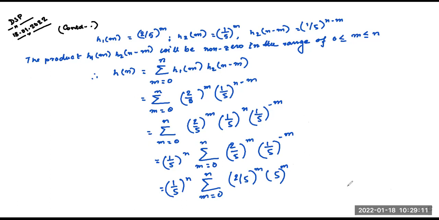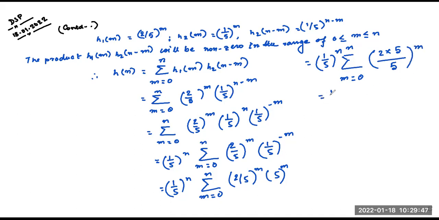We can write this. Continuing from there, if it is (1/5)^n, and this is 2/5 to the m, I can multiply. So summation of m equals 0 to n, and if I multiply it, what will we get? 2 into 5 by 5, whole to the power m.